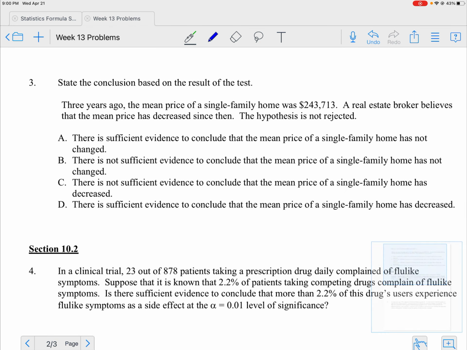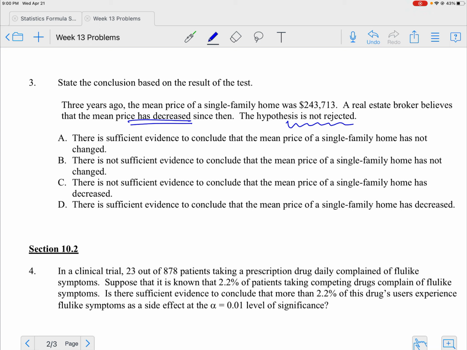Okay, what happens if, like on this one, 3 years ago, the mean price of the single-family home was $243,713. A real estate broker believes that the mean price decreased since then, and my hypothesis is not rejected.